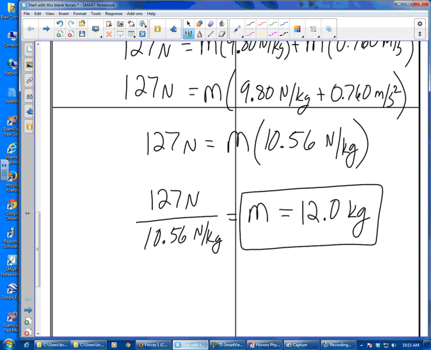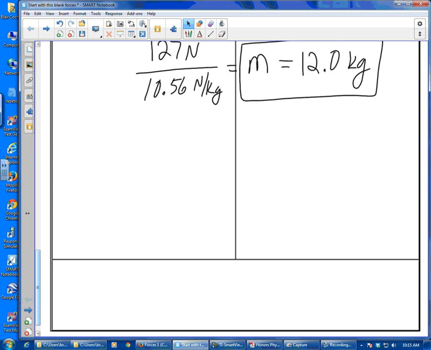But then they also asked me what's the weight of the shopping bag. And I know from my equation sheet that weight is m times the gravitational field strength.